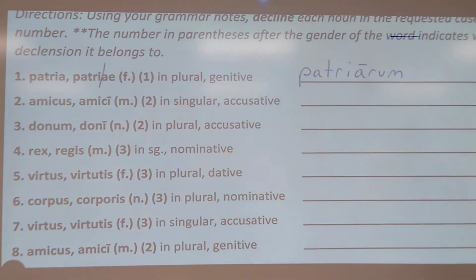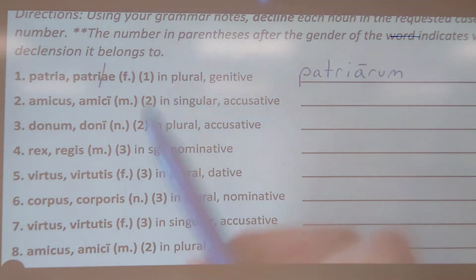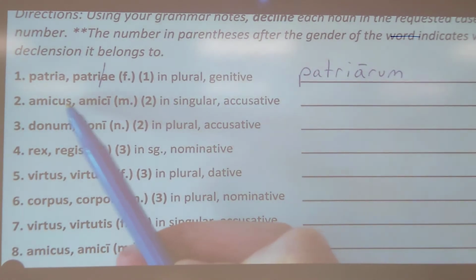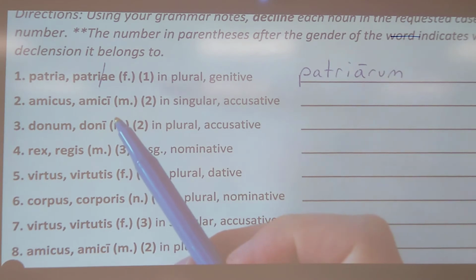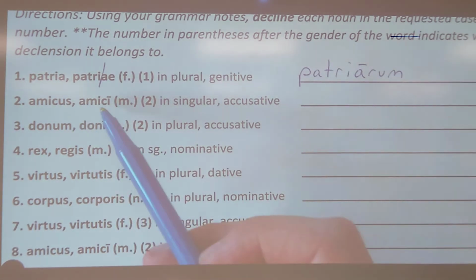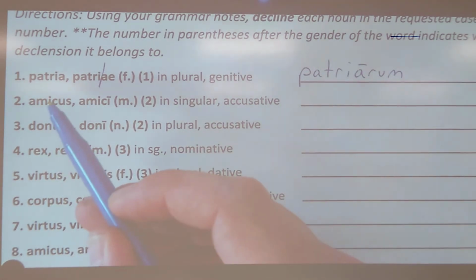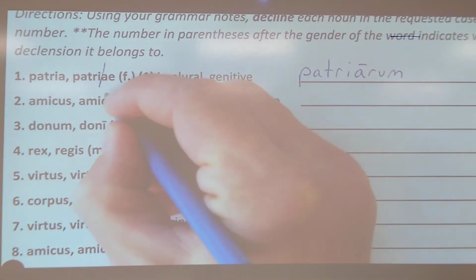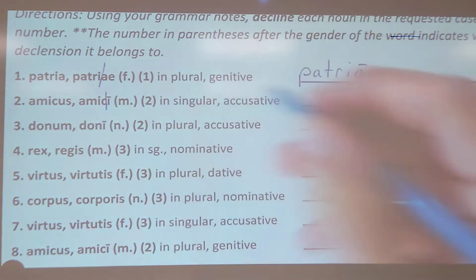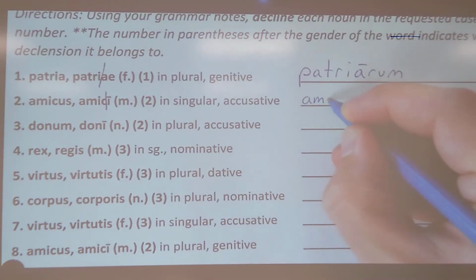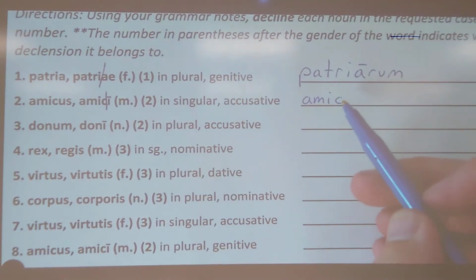We can do the same thing with number two. Number two happens to be second declension when we see the pattern here, us, i, o, and so forth. So we have amicus, amici. We want it to be singular accusative. So we go to our genitive singular, chop off that ending, and we can write our base over here.